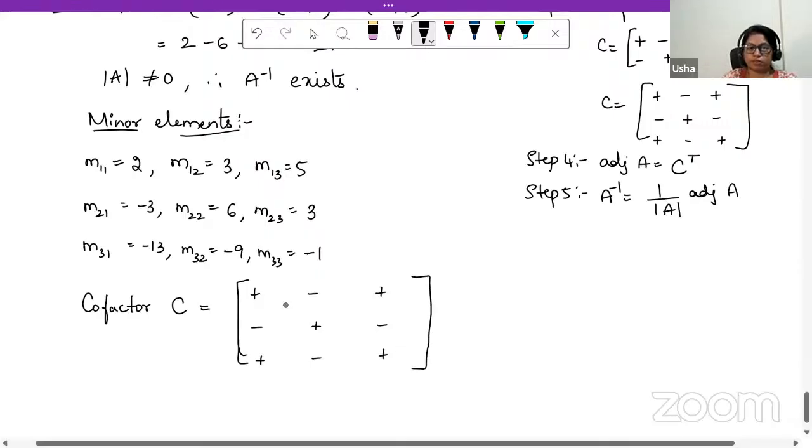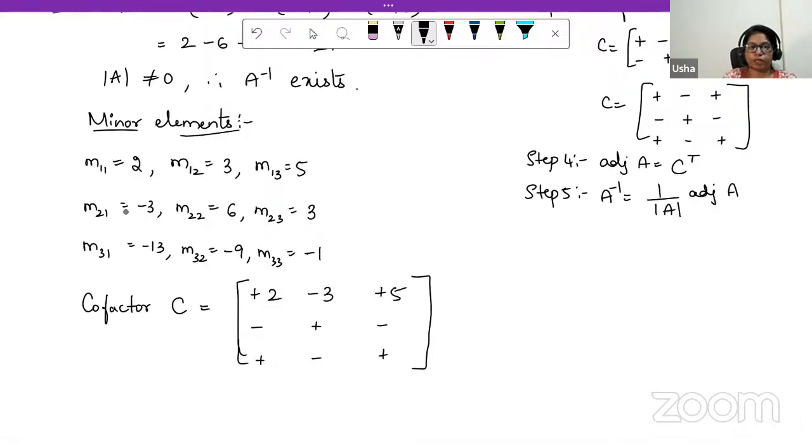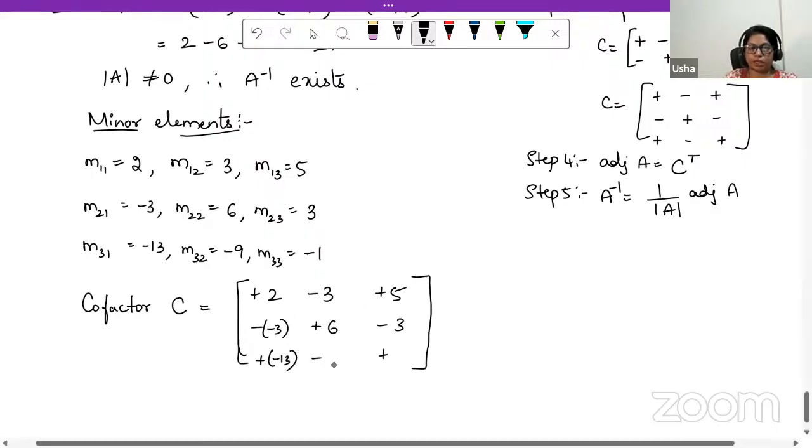Now write all these values over here. So this is 2, this is 3, and this is 5. Now this is minus 3. Already minus is there. Okay, so minus of minus 3. Now this is 6, here 3. Next is minus 13. And then this is minus of minus 9. And then minus 1. Hope this is clear.